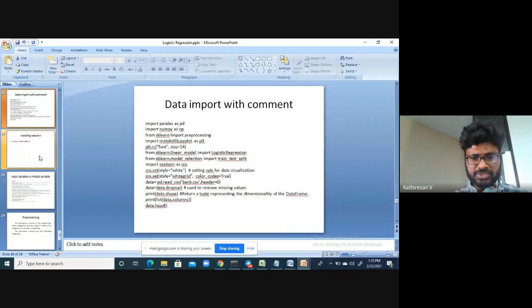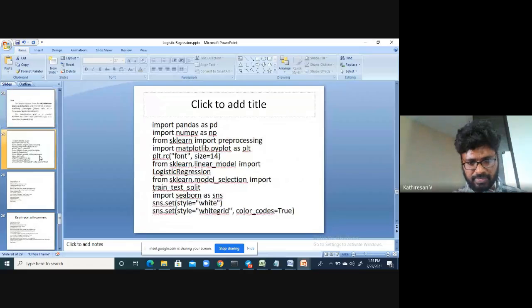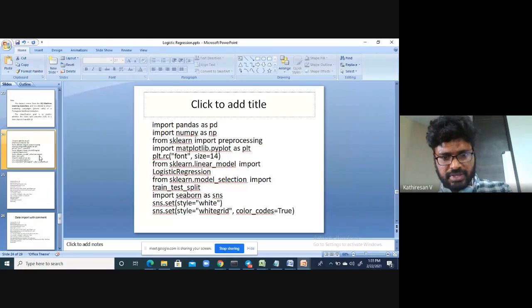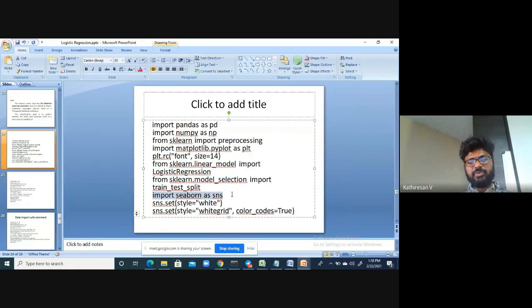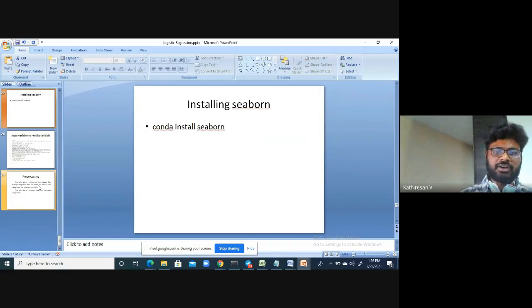See, if you want to use the code which I have shared with you, import seaborn as sns in order to implement the style of formatting the data. If you're having a large data set and you need to format it, you need to import seaborn.